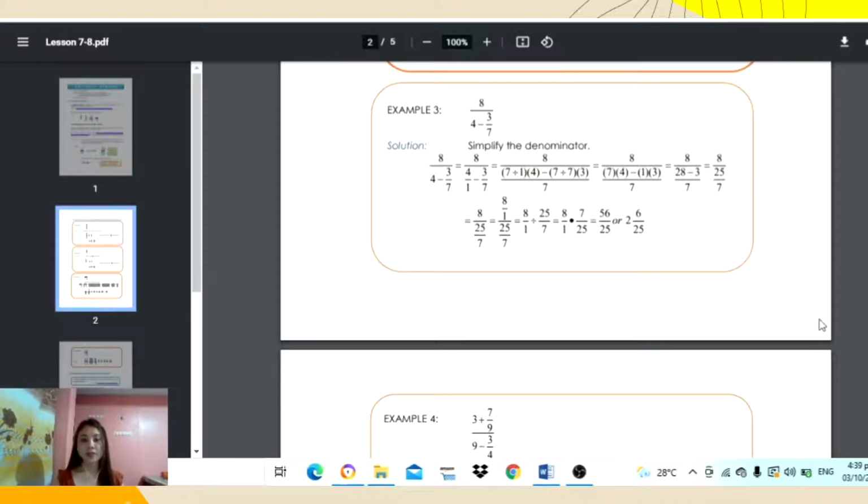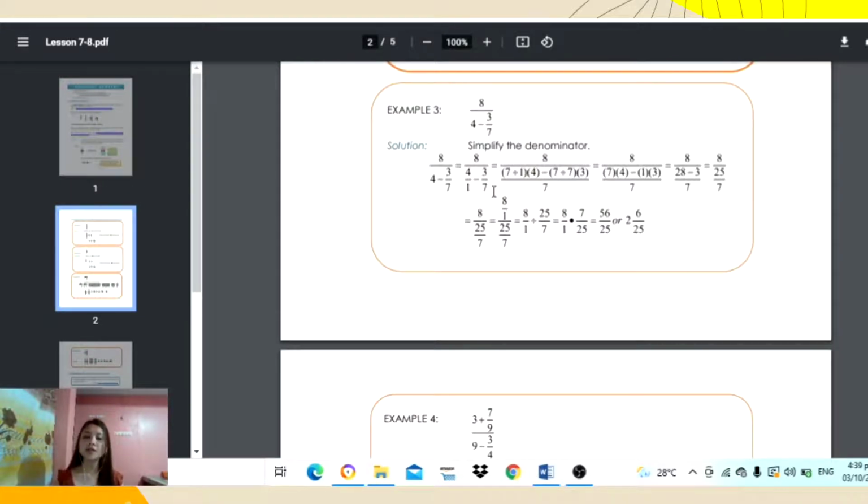As you have learned, in order for us to perform subtraction or addition, we have to get the LCD, since this 4 is just equal to 4/1. So 4/1 and 3/7 have different denominators, which are 1 and 7.